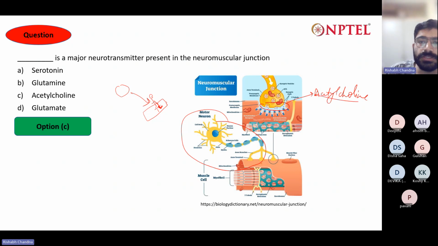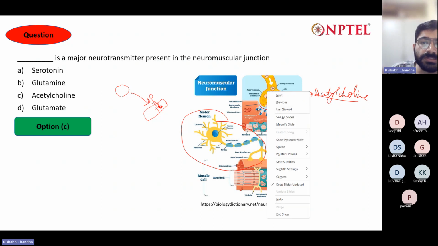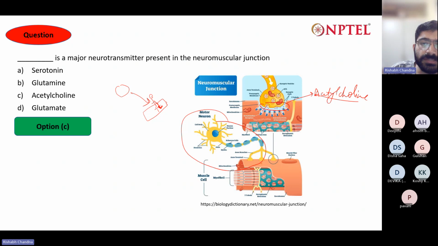Okay, so the muscle has different acetylcholine receptors. So whenever this particular signal comes, acetylcholine attaches to the receptor and it further increases the downstream signal. Okay, so this is the basic mechanism of how a neuromuscular junction works.